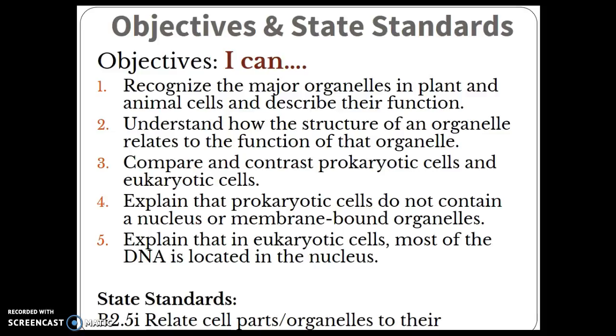We're going to be talking about prokaryotic and eukaryotic cells, which was introduced on Wednesday, and the difference between the two. Prokaryotics don't contain a nucleus or membrane-bound organelles, and the eukaryotic cells have DNA located in the nucleus, and they do have membrane-bound organelles.